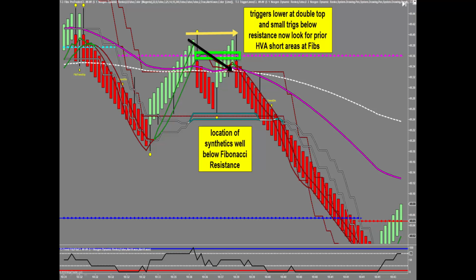During the pullback, recognize the fact that your small triggers are down considerably. And if you've got a high volume area somewhere in your Fibonacci here, sometimes it's even closer to the top, take that as your trade setup. Right? If you miss it and you get a high volume area over here, you can take this as a trade setup with the small triggers going down strong.